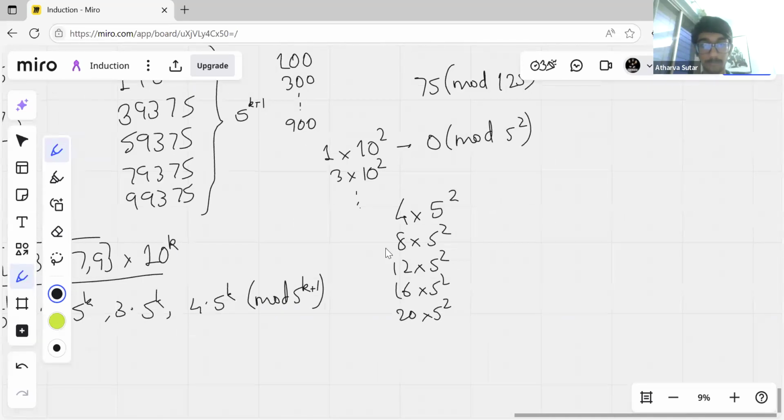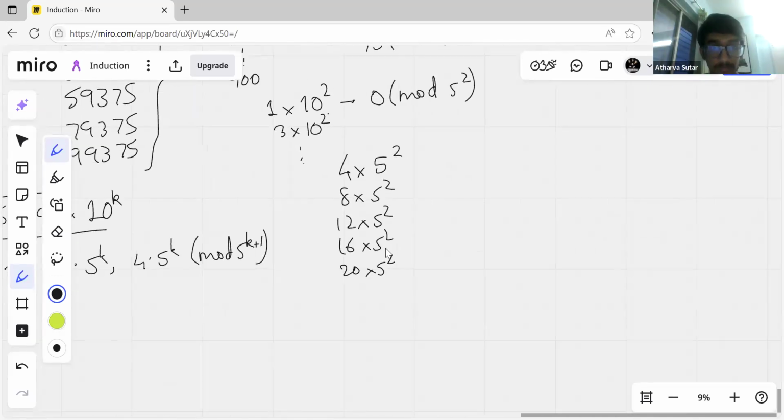Do you get this? We can write these numbers like this. And now notice that all these numbers are distinct remainders mod 5. This is 4, this is 3, this is 2, this is 1, and this is 0. Do you get this part?